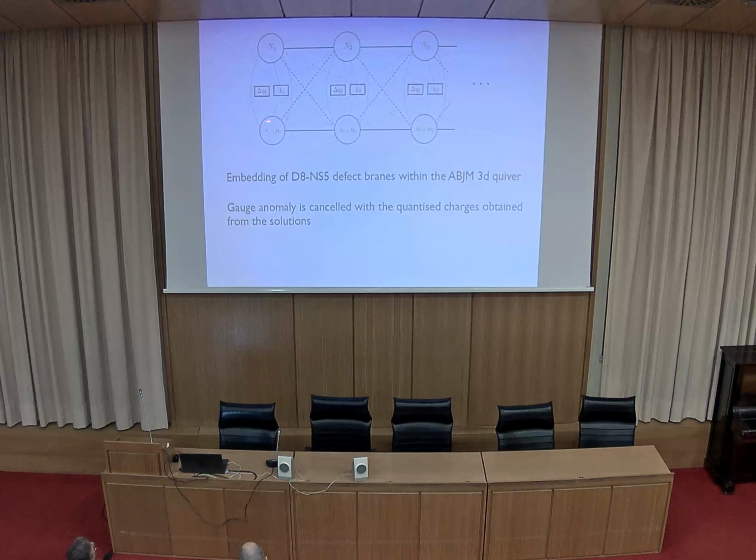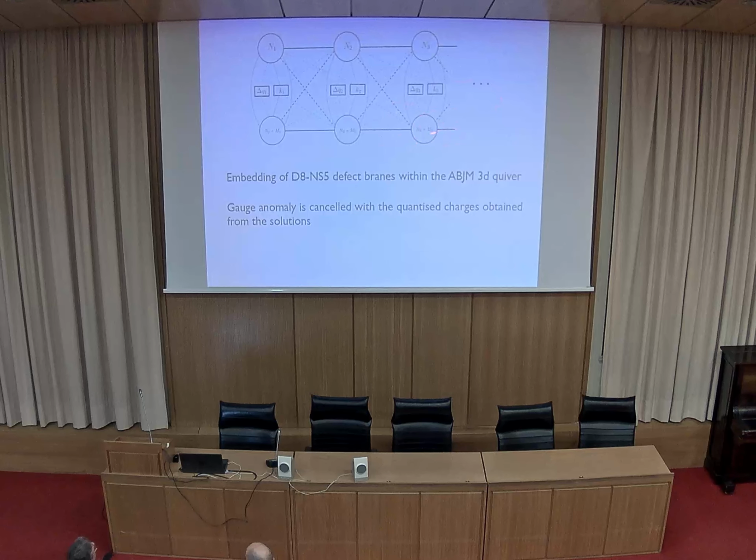We also have these NS5 branes that in the massless case we didn't have, so this implies that you have a collection of these quivers being repeated in a direction, and they are conveniently connected by the relevant fields that make this consistent.